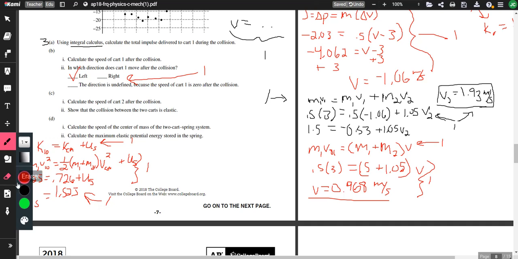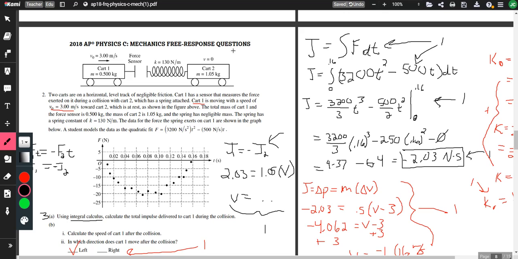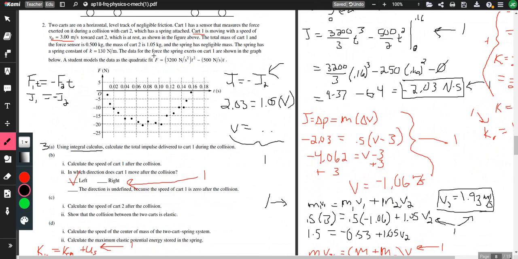Now, if you didn't want to do it this way, another way that you could have done it is realizing that the total change in potential energy of the spring is the same as the work being done by the spring. Work is the force. They're looking for a maximum, so you'd have to figure out what the maximum force is.